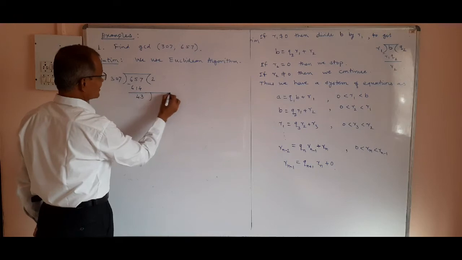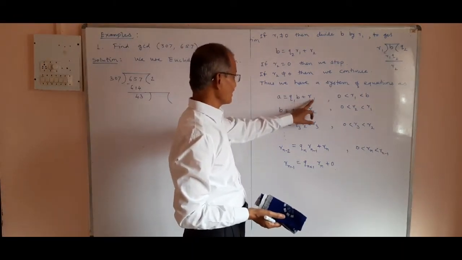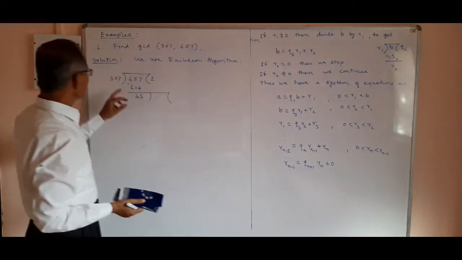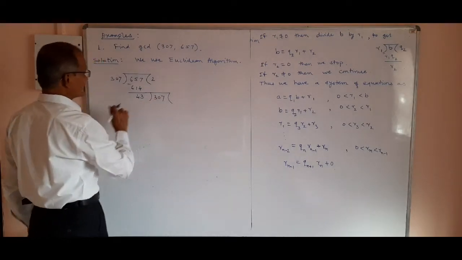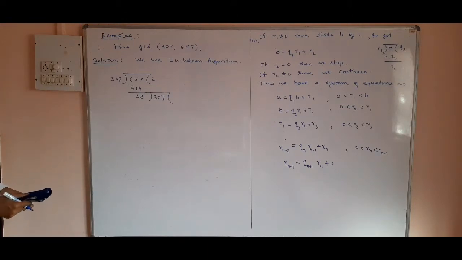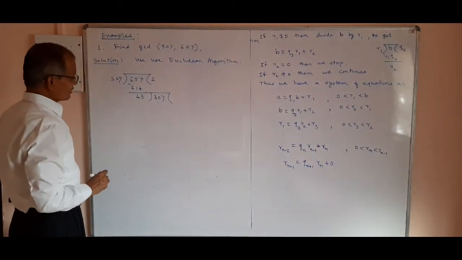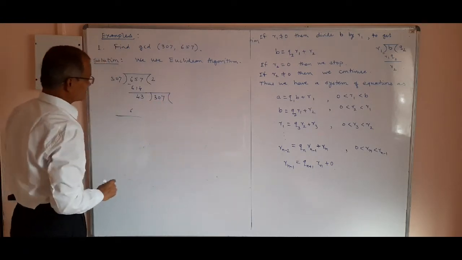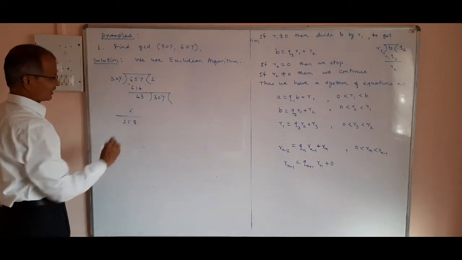So the same thing we have done here. First A is divided by B, and then the remainder. Then B is divided by the remainder. So what is B? B is this one, 307. So 307 is to be divided by 43. You should check it. Now what is the quotient here? If you consider 6, then it will be 258.